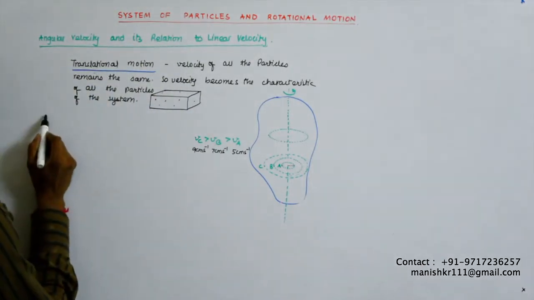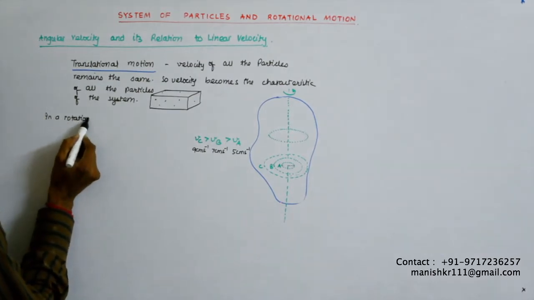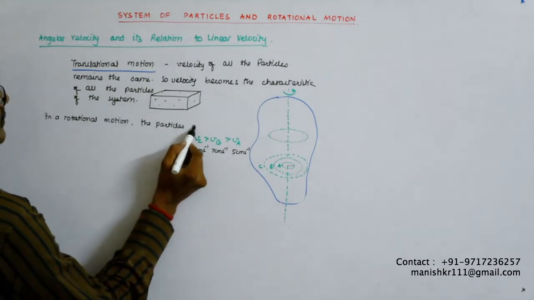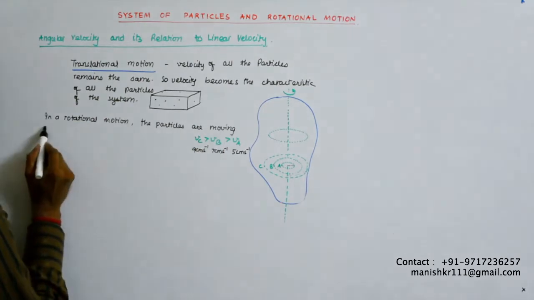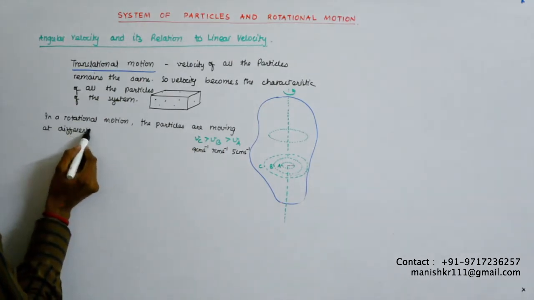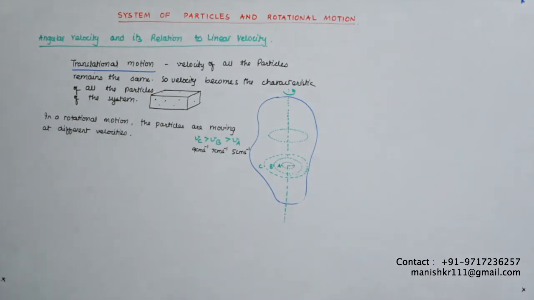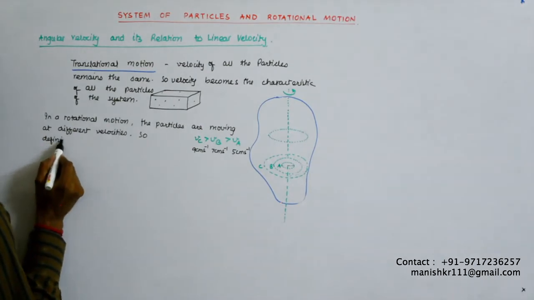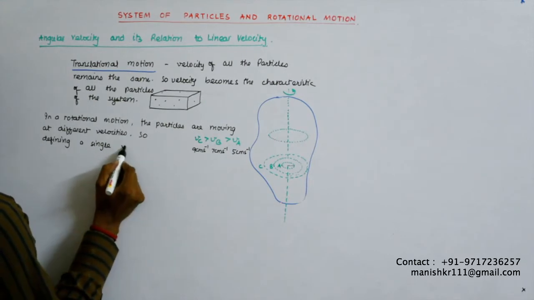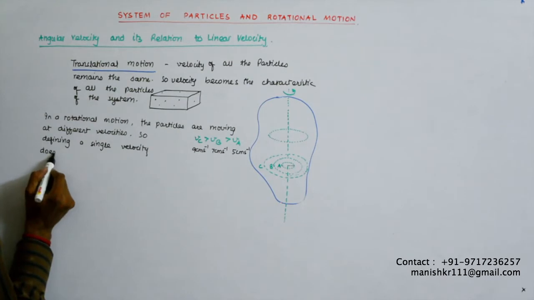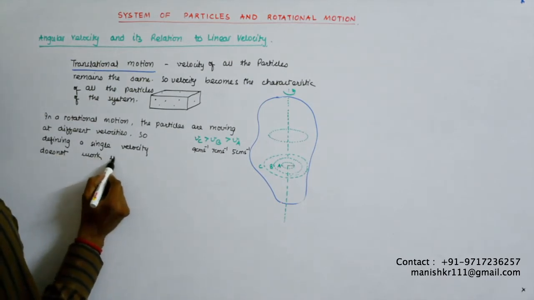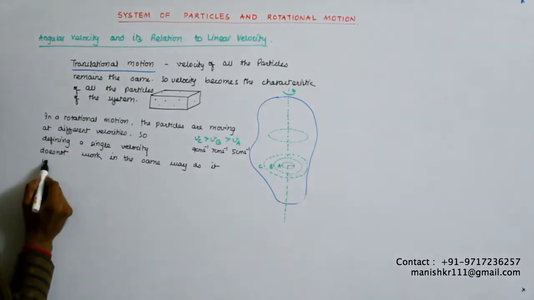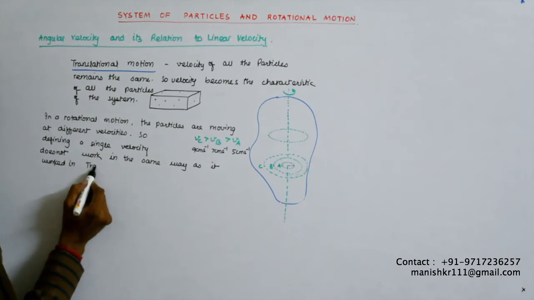In a rotational motion, the particles are moving at different velocities, so defining a single velocity does not work in the same way as it worked in translational motion.